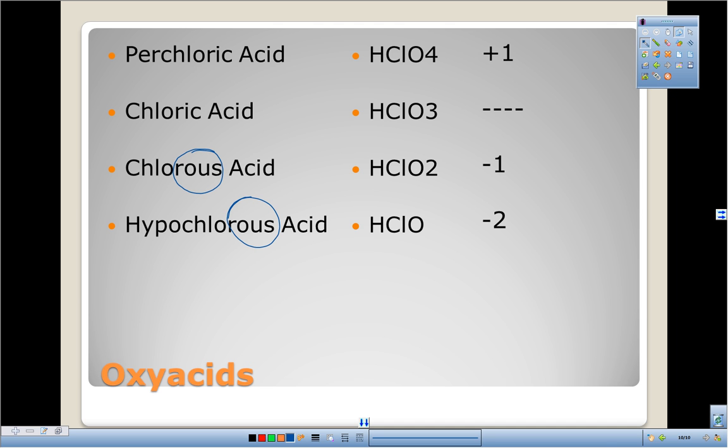Stefan, could you say this name, please? The one I just underlined? Chlorous. Yeah. Emily, did you say the last one? Hypochlorous acid.